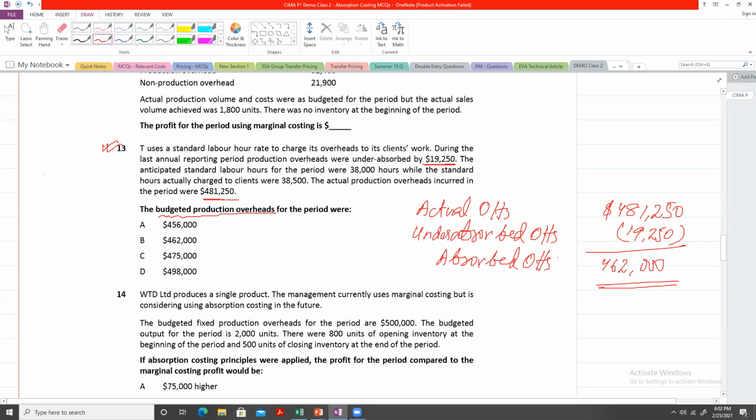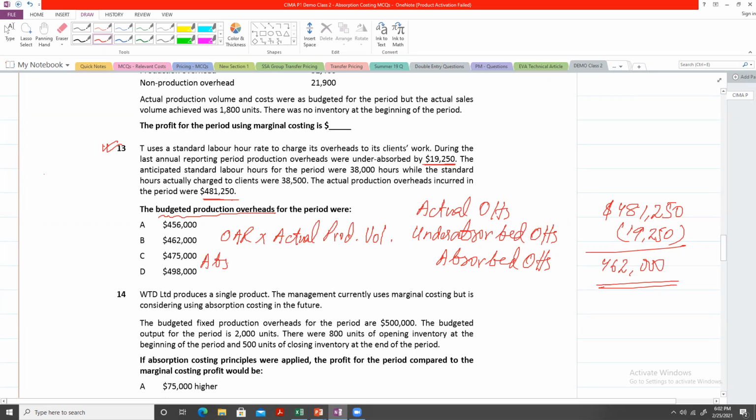We calculate absorbed overheads by multiplying the overhead absorption rate by the actual production volume.